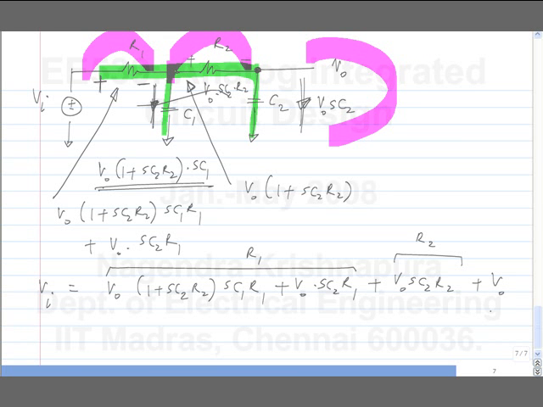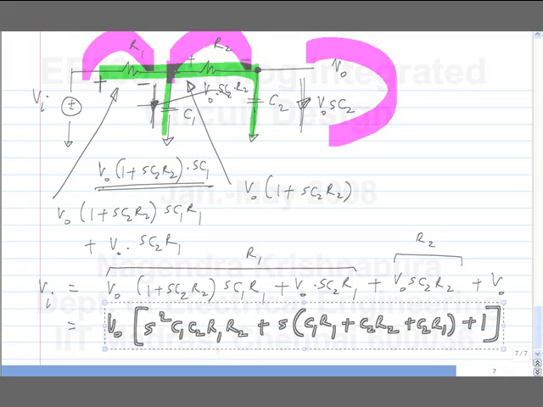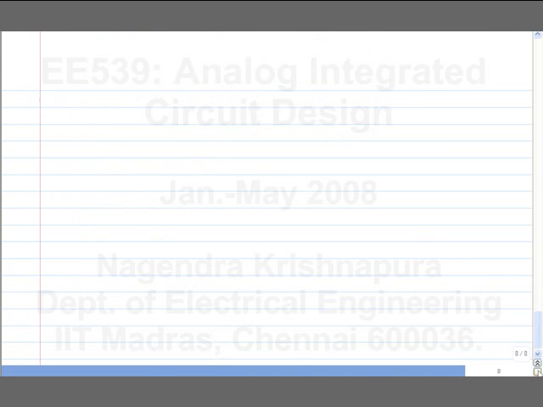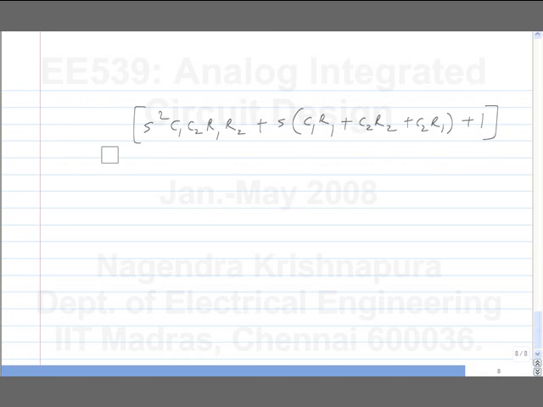Okay. So all I did was to work backwards from the ladder, starting from the output. So the transfer function is this.